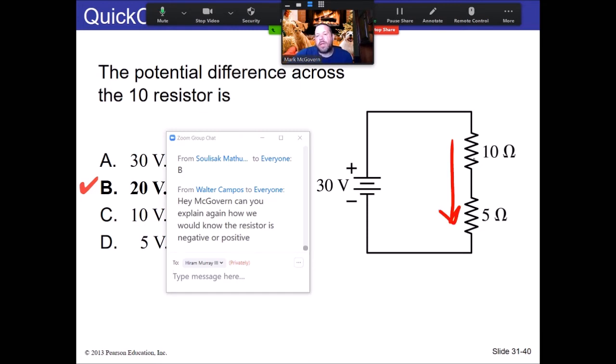And if the loop that I take has me go the same direction as the current, those are potential drops. You'll put a negative for the potential difference. If my loop, for whatever reason, goes opposite the direction of the current, they are positive. That's how you know.